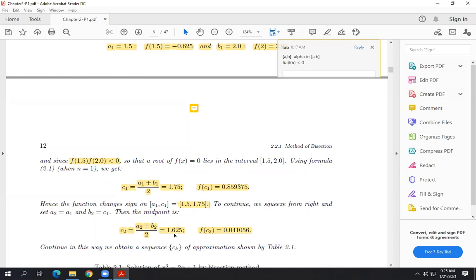Can any student give me the interval for C3, please? To find C3, we need the interval.